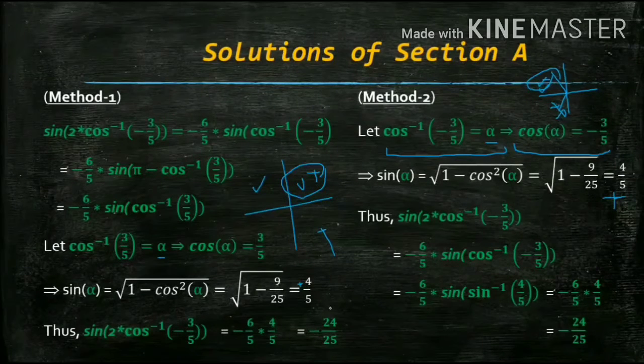Don't think that we can always take the positive. Maybe there may be some case where it would be in the fourth quadrant, so then we would be taking it as negative. Don't think like that. And you have to do these steps because these are very much important. If you directly proceed, maybe you will not consider the sign, and your answer might change, right?